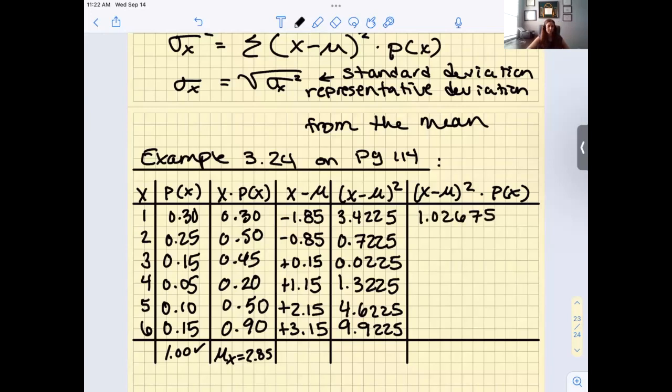What do you get for the next one? 0.180625. Next. 0.003375. Next.